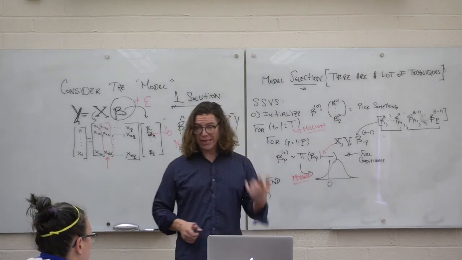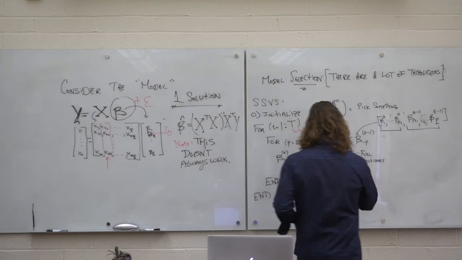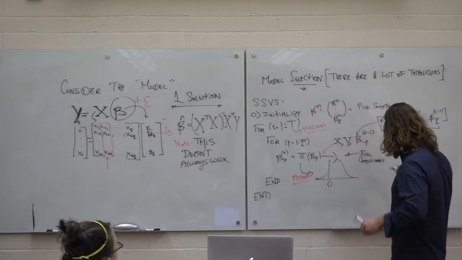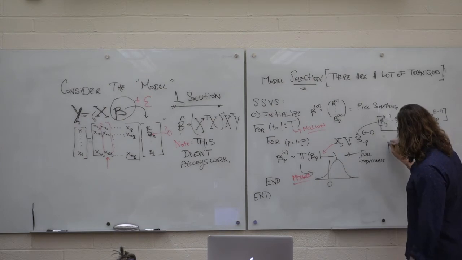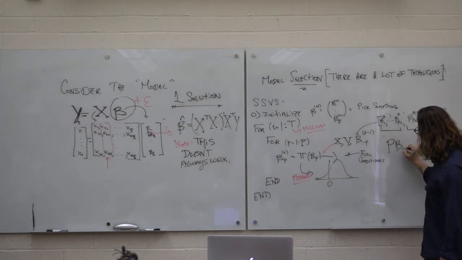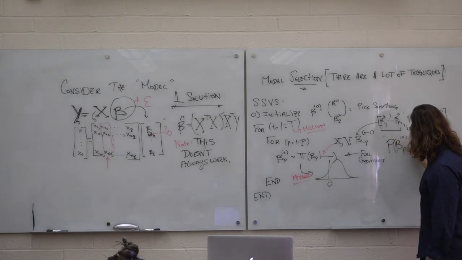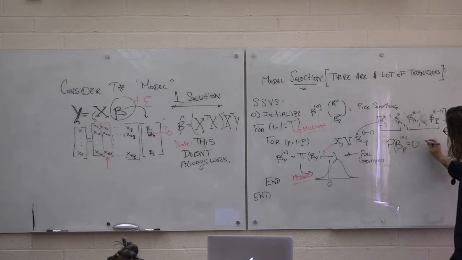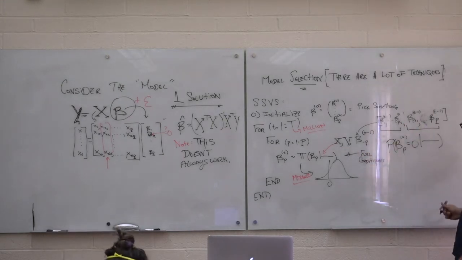And I wrote down the Bayes factor for this, and I wrote down what that probability is. So this probability that you're going to be flipping, basically what you're sampling from, is the posterior probability that beta P, right here, at the Tth iteration is equal to 0, given everything else. So everything else is all that other stuff.